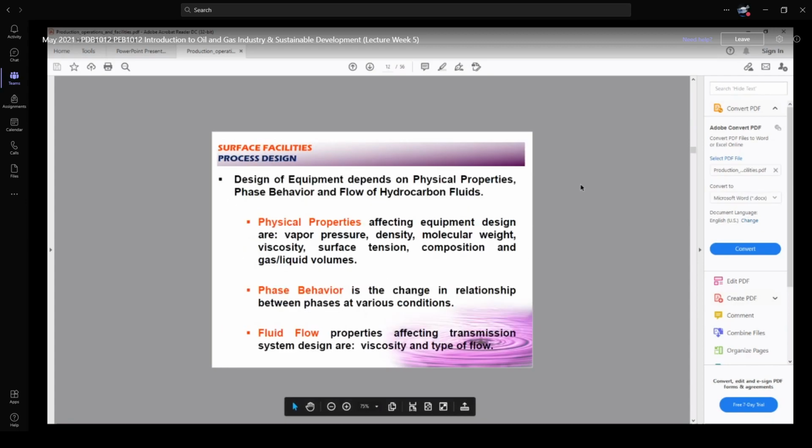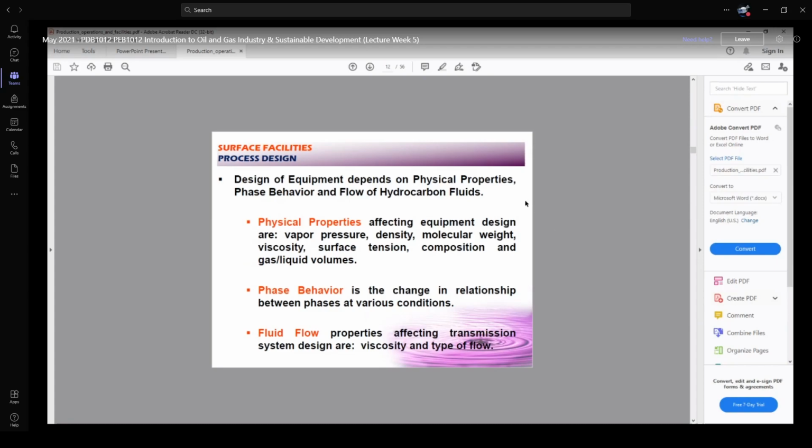So let's talk about the process design. The surface facilities are the equipment, and normally they are designed based on physical properties, the phase behavior of the fluid, and the flow of hydrocarbon fluids.